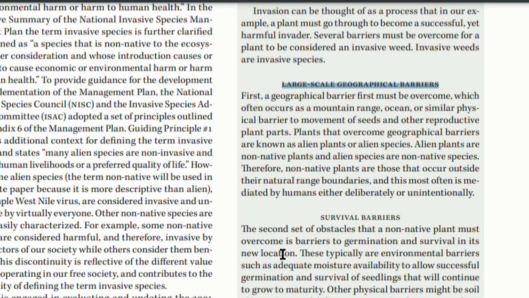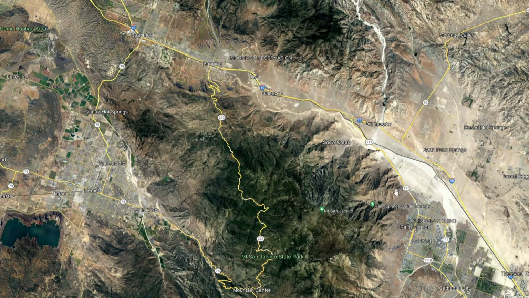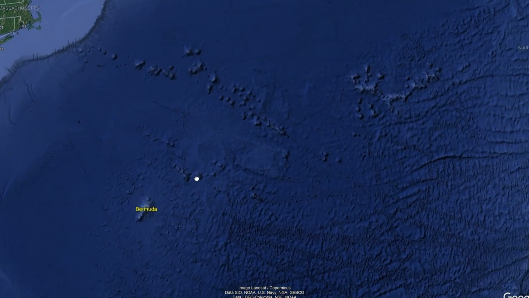It must somehow cross over ecosystems in which it cannot survive on its own and arrive somewhere in which it can become invasive. It doesn't have to be far, but the geographical barriers must be significant. I mean, I guess being transported from the top to the bottom of a mountain is a pretty significant geographical barrier, and that does count according to Isaac's definition, along with, say, crossing an ocean.